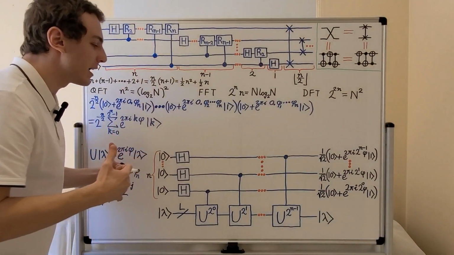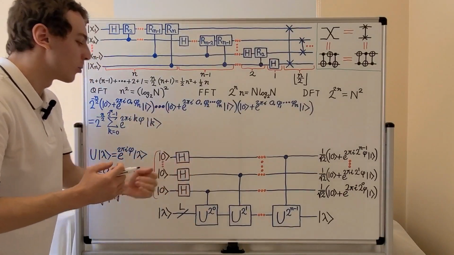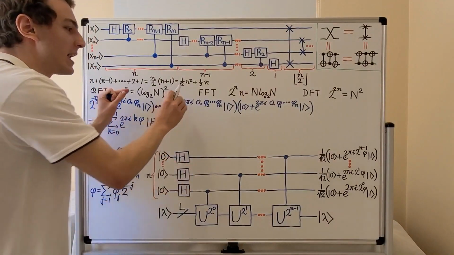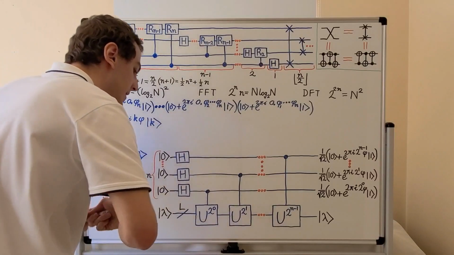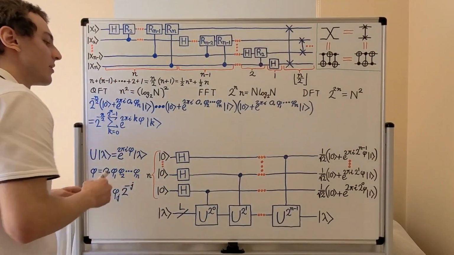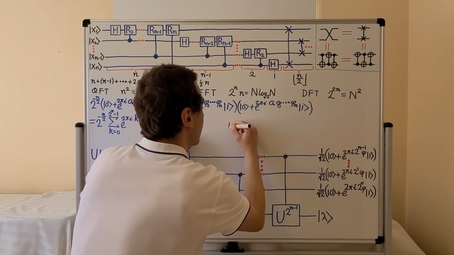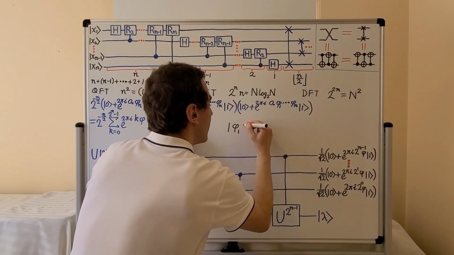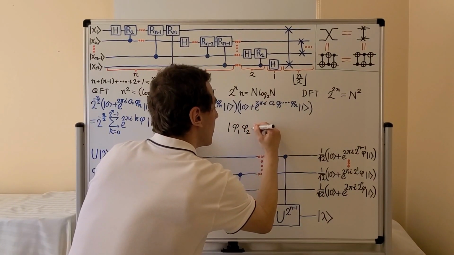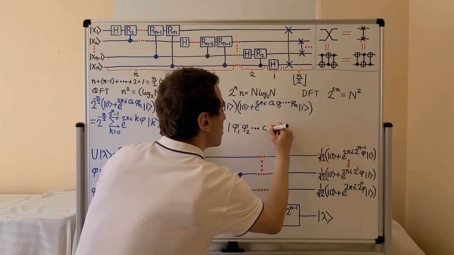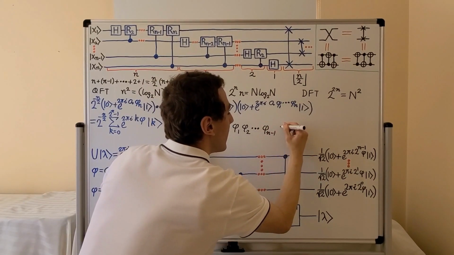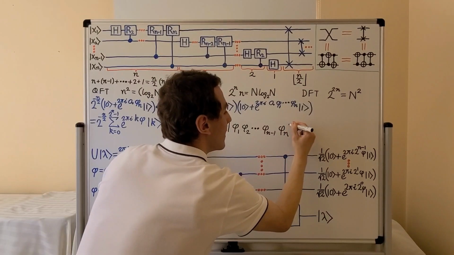And what did we actually apply the quantum Fourier transform to? What was the original state? Well, we can extract it from here. I'm going to write it underneath. So this state over here was actually the state phi 1, phi 2, all the way up to phi n minus 1, and then phi n.